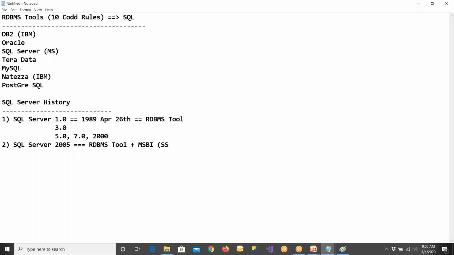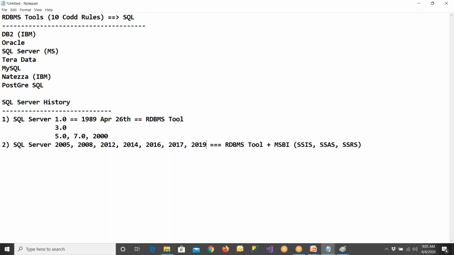Here we are going to have SSIS, SSAS, and SSRS. Today, SQL Server software is not purely an RDBMS tool, but also a data analytics tool. MSBI is called Microsoft Business Intelligence. This is an integration tool, ETL tool, this is an analysis tool, and this is a reporting tool. These tools were created in 2005, and later you got 2012, then 2014, then 2016, then 2017.